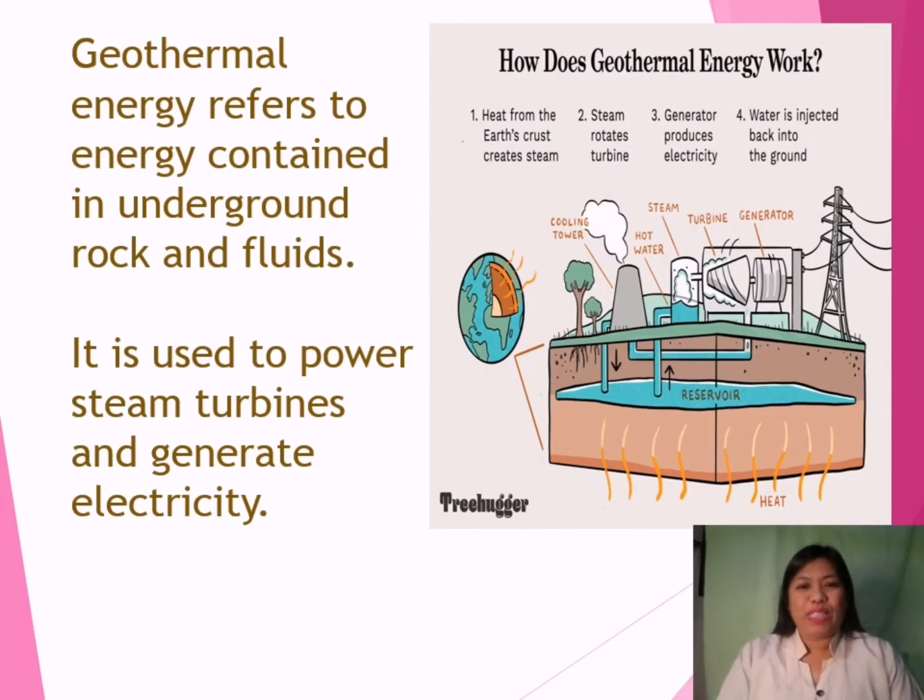Let us go through it one by one. Heat from the Earth's crust creates steam. Then steam rotates the turbine. Then the generator produces electricity. After that, water is injected back into the ground.